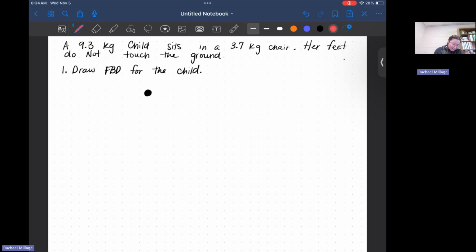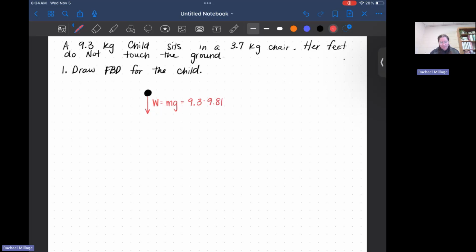So if I have a kid sitting in a chair, there's going to be some sort of weight, which is equal to mass times gravity. We know her mass is 9.3 times 9.81.